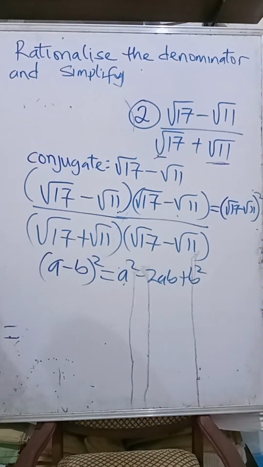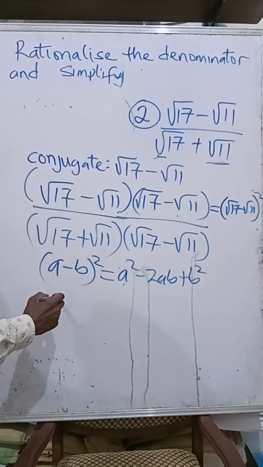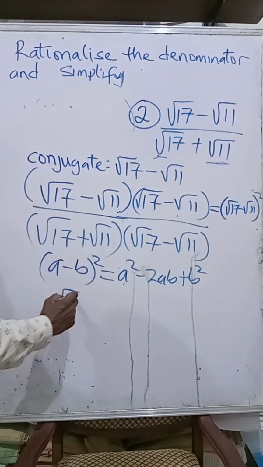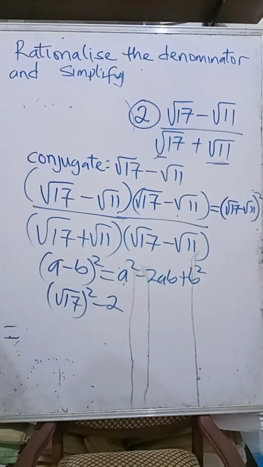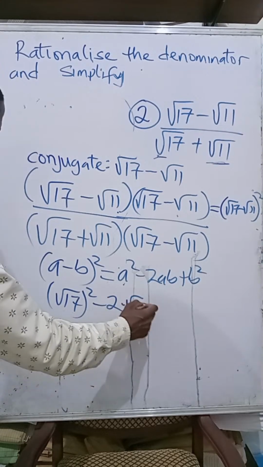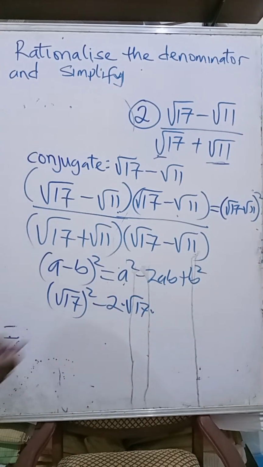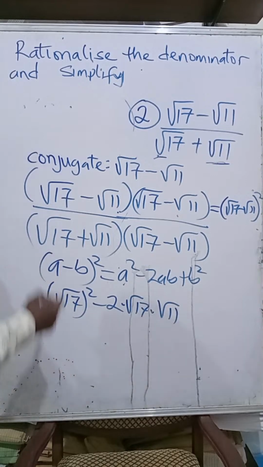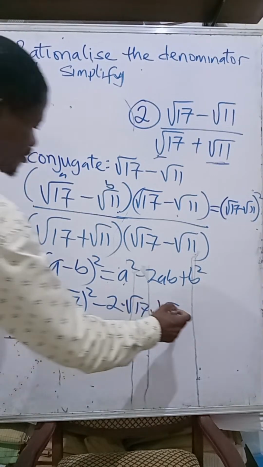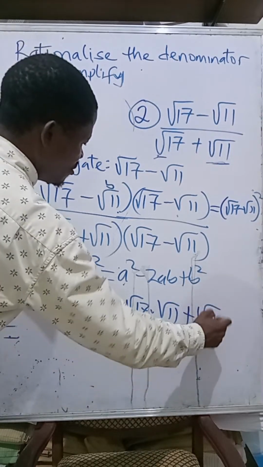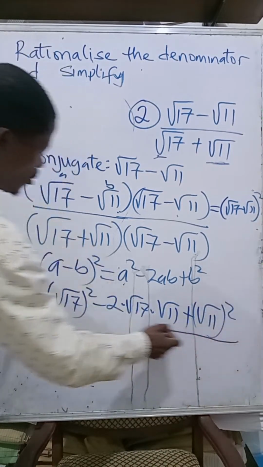My a is root 17, so we square that: root 17 squared, minus 2 times a, root 17, times b, root 11, plus b squared, that's root 11 all squared, all over.